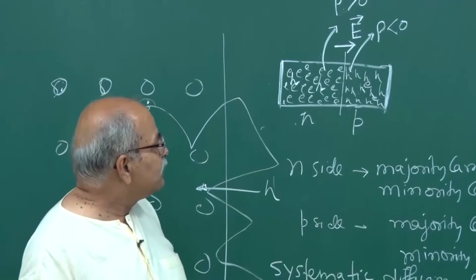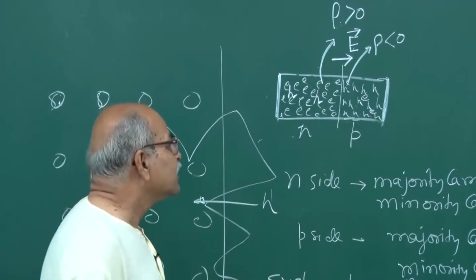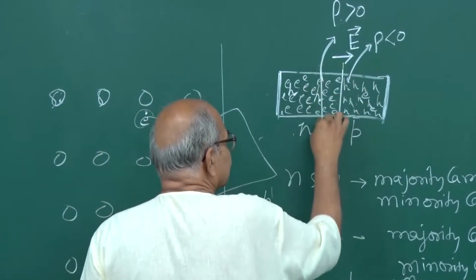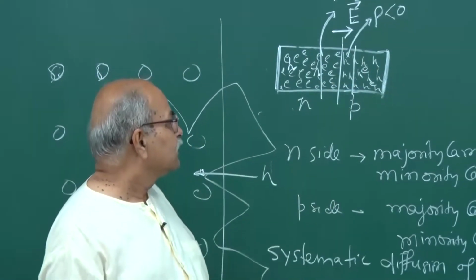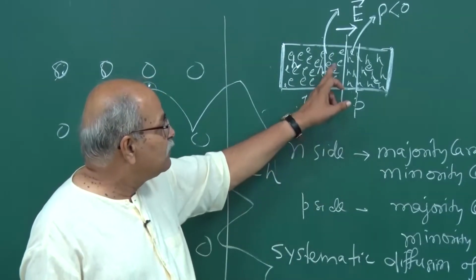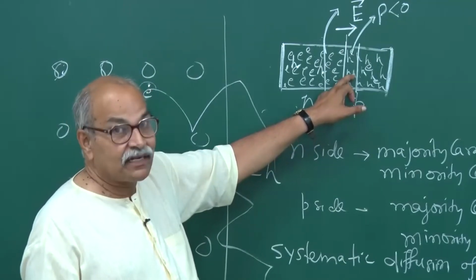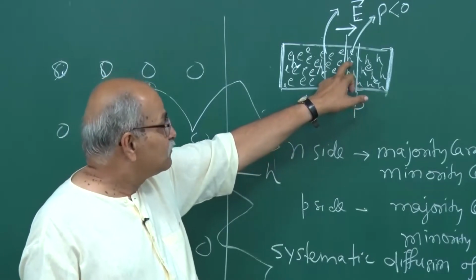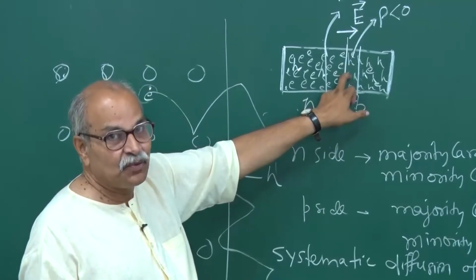So, ultimately this charge density which appears here, all that happens close to this junction, say in a layer like this. Now, if the electrons are coming to this side and the holes are sitting here, these electrons will have a good probability of filling up these holes.